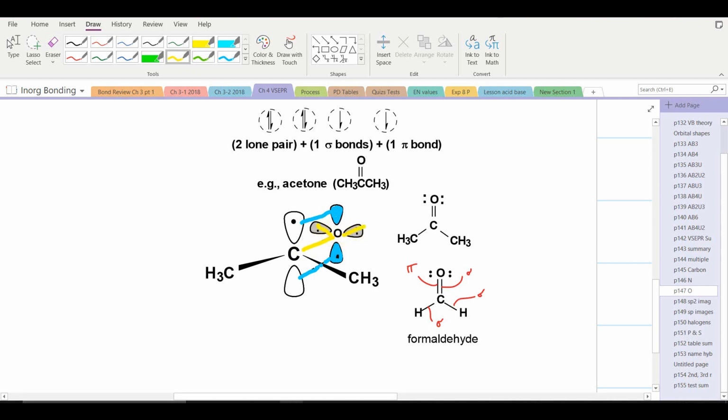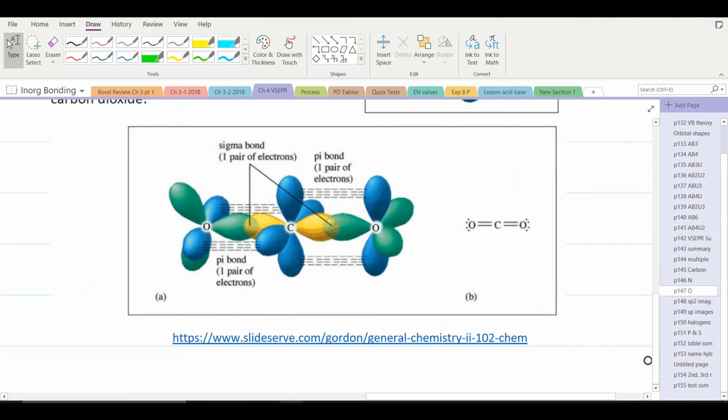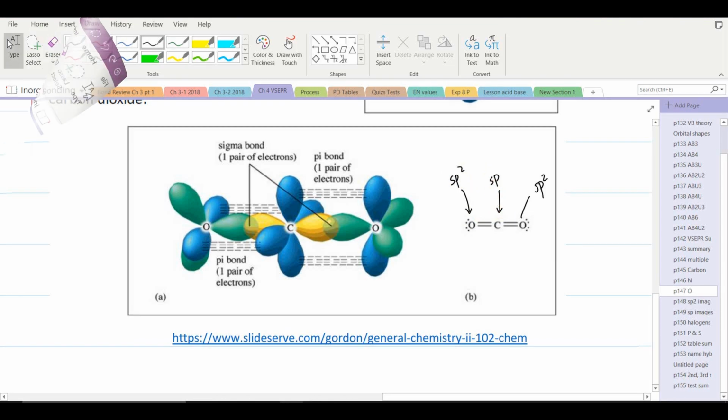And there are its sp2 hybrid orbitals. And here's an image of carbon dioxide in which the carbon is sp hybridized to form 2 pi bonds, but each oxygen is only sp2 hybridized to form 1 pi bond. That's sp2, sp2, and sp hybridized.